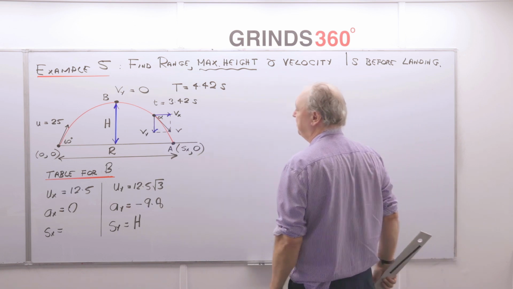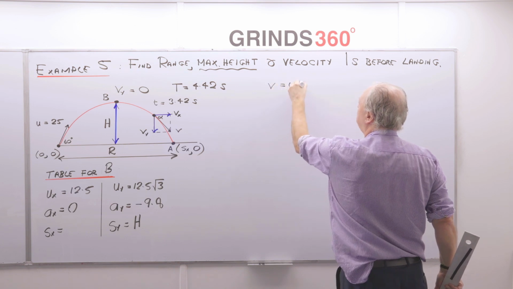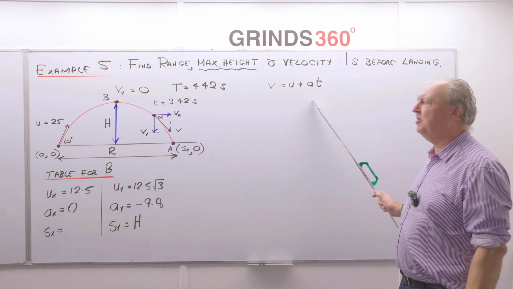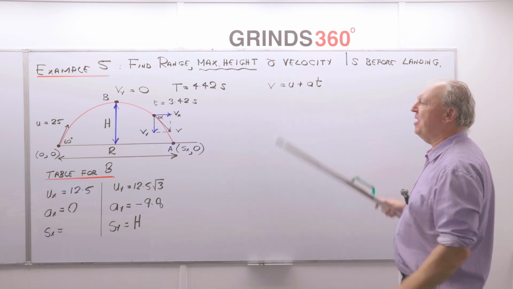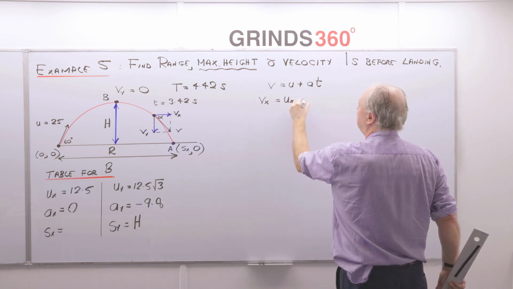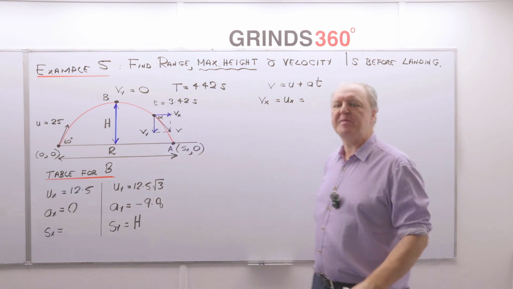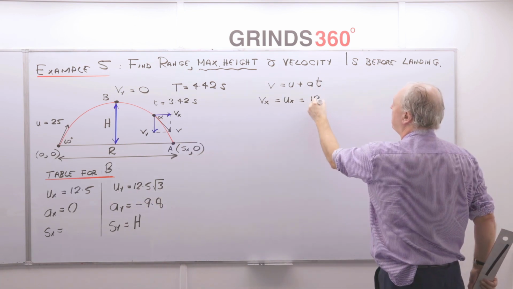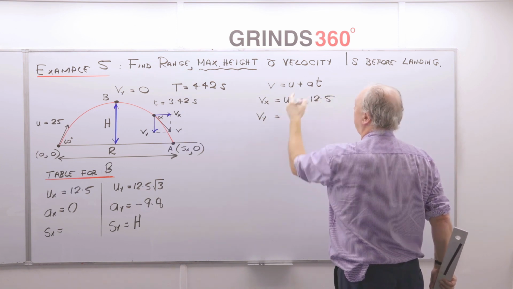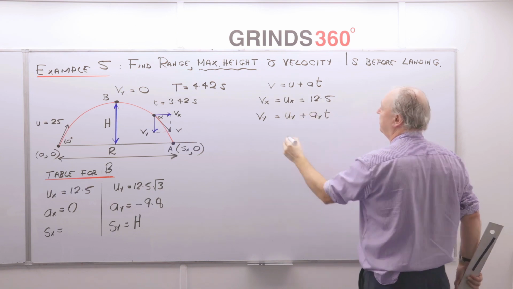Well, vx, we're going to use the formula v is equal to u plus at. And you know that ax is 0, so therefore vx is equal to ux. So vx equals ux, which is equal to 12.5 meters per second. Vy, well, write down your full formula, uy plus ayt.